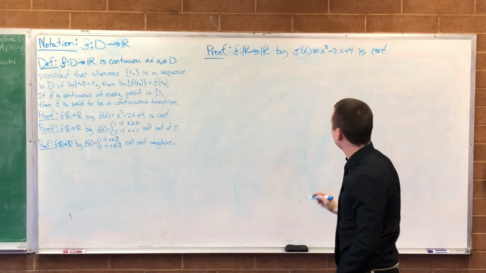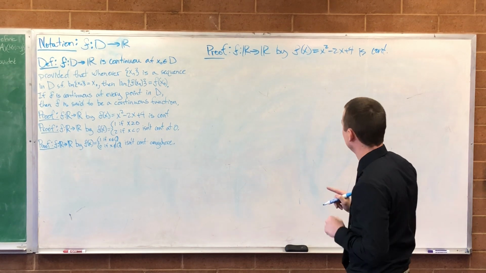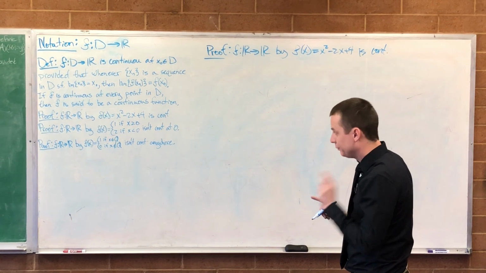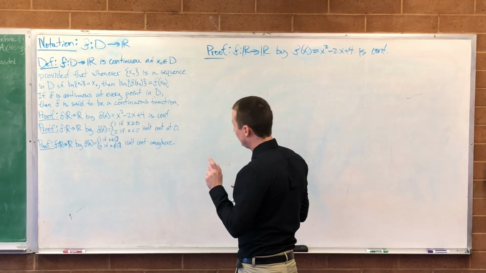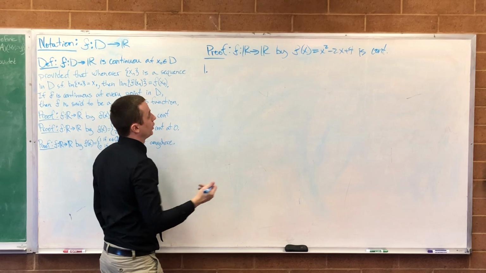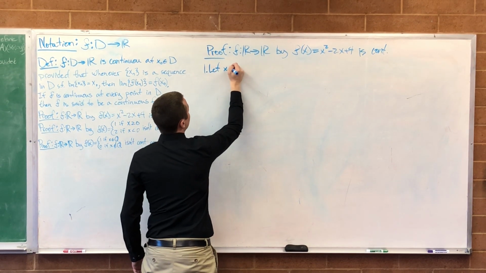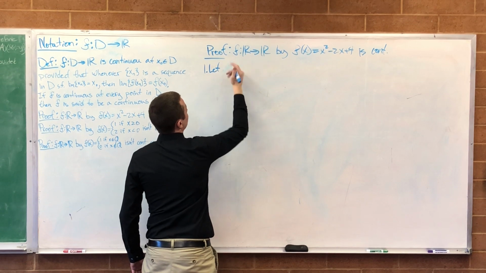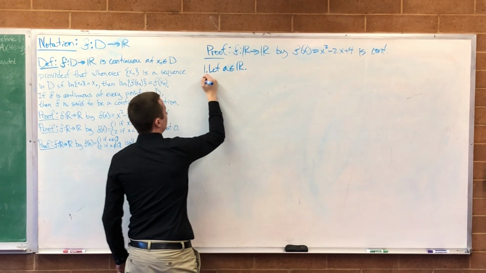So I need to show that for any point in the domain I pick, and for any sequence that happens to converge to that point, the image of the sequence converges to the image of the point. So 1, I need to grab some arbitrary point in my domain. Let a be any point in R, doesn't matter what it is.